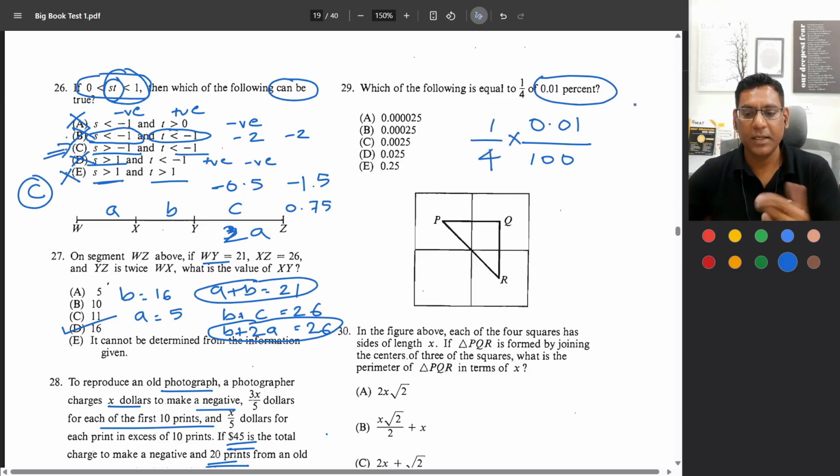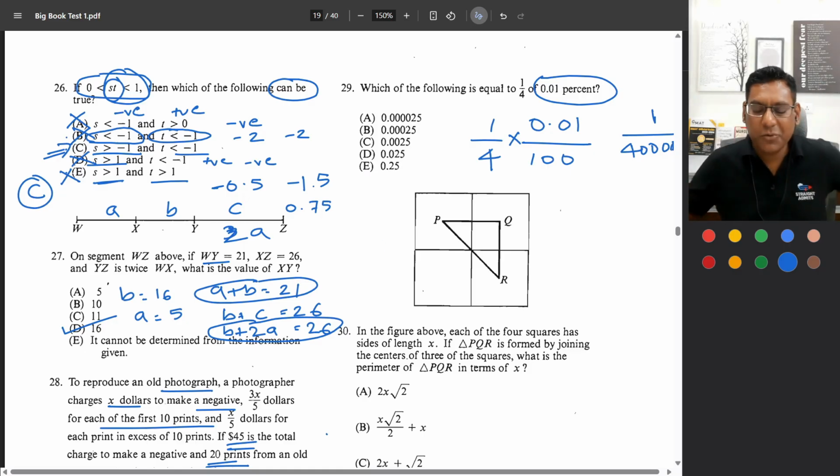Simple, right? Let's just get rid of these decimals. So what do I get? Let's multiply by 100. So I get 1 in the numerator and 400 in the denominator. This is going to be a little complicated.